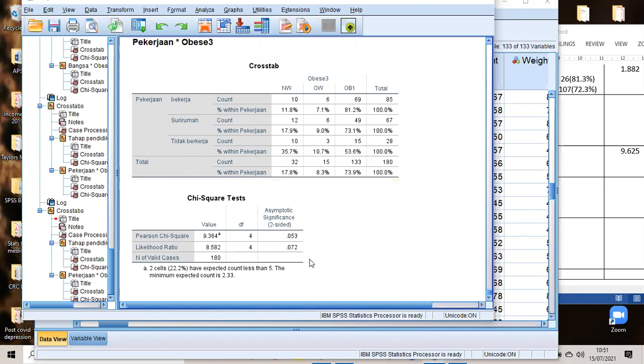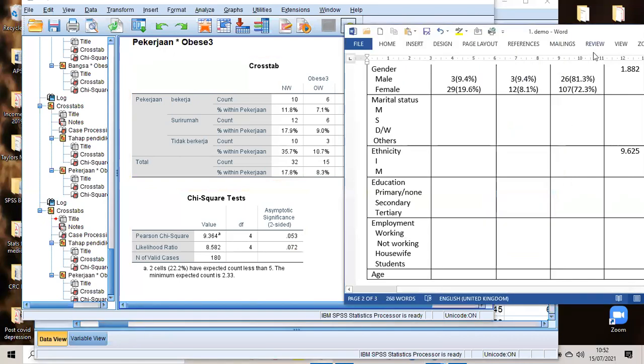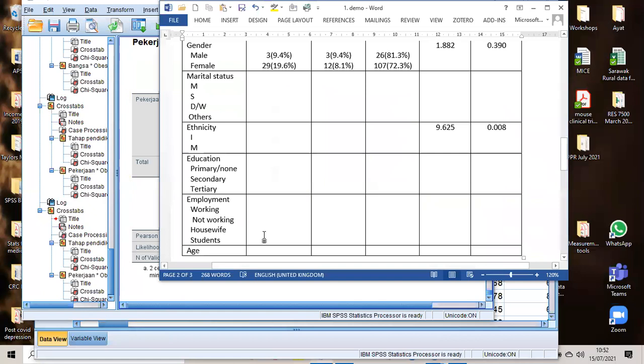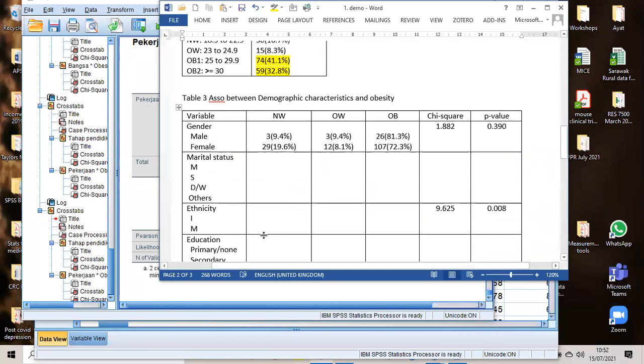You can still conclude, even though the p-value is not significant, the result shows that 81% of those working, 73% of the housewives, and 53% of those not working are obese. Can still make a conclusion, right? Because marginally it is very close to 0.3. The sample size is rather small. Right. So complete the table and we'll answer that question.